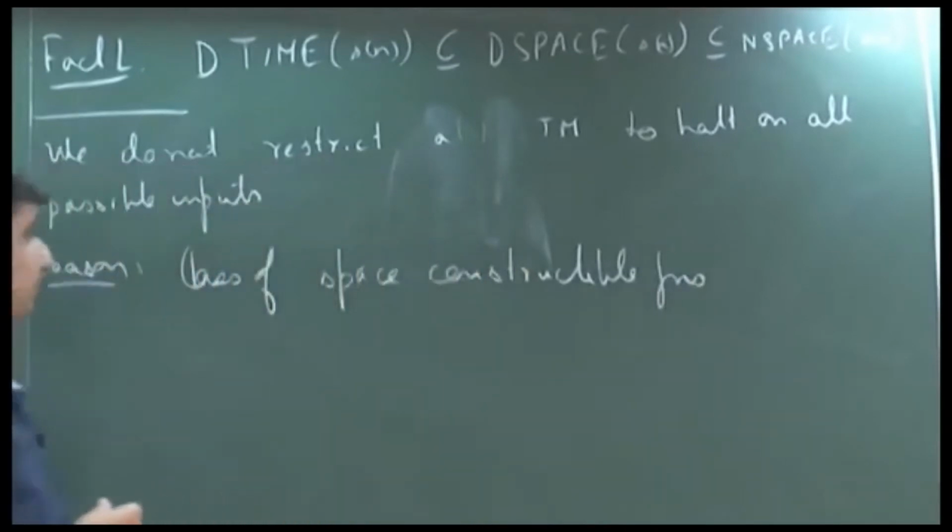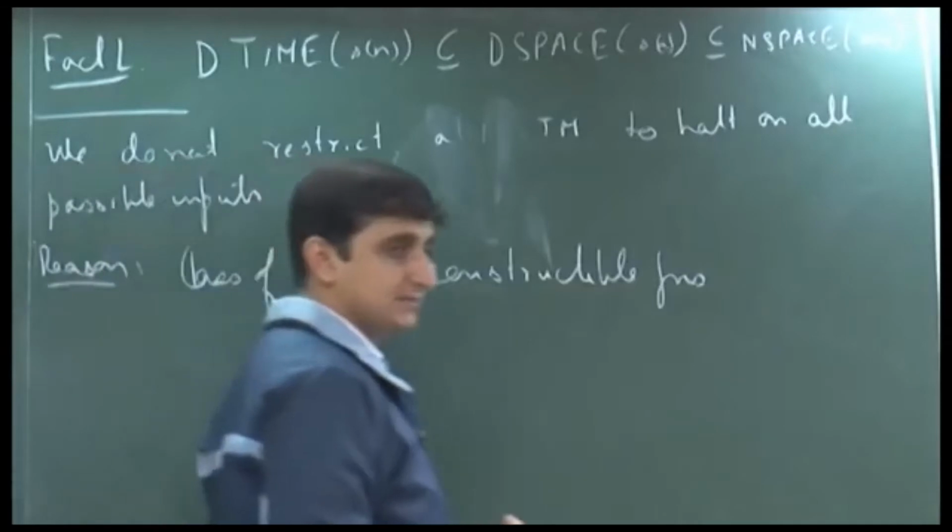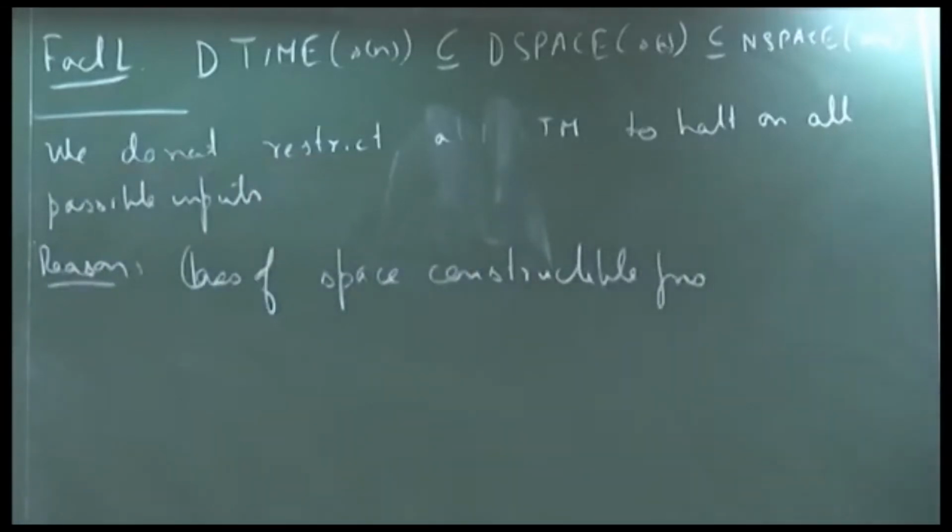Space constructible function is again defined in a way similar to time constructible functions, that is, we say that a function is space constructible if there is some Turing machine which given x would output s of x on its output tape using space at most order of s of x.